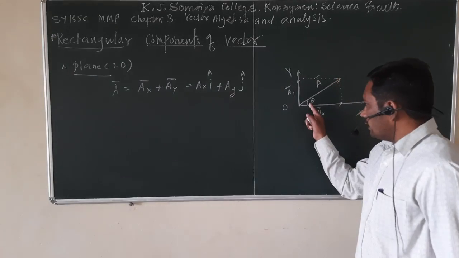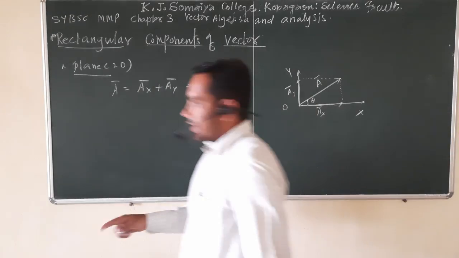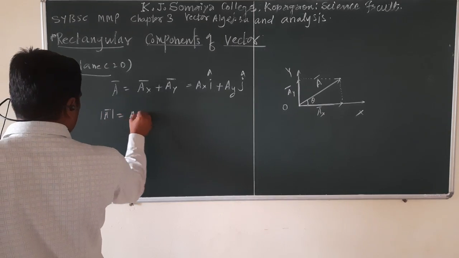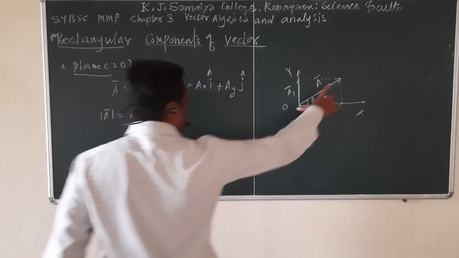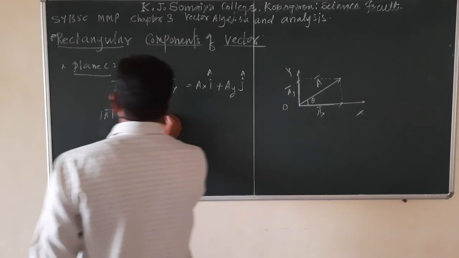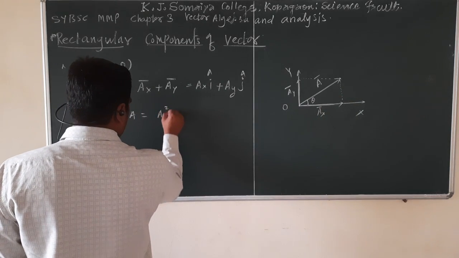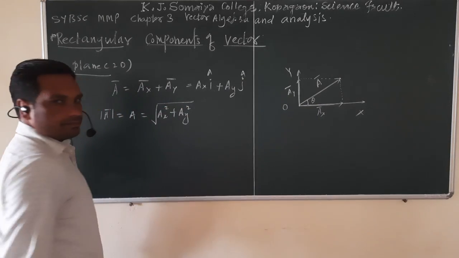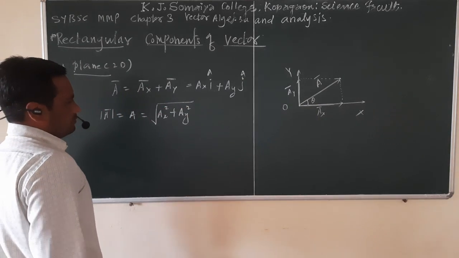Now the angle and magnitude. The magnitude of vector A is nothing but the length of vector A. We know this length by the Pythagorean theorem: it is the square root of Ax squared plus Ay squared.